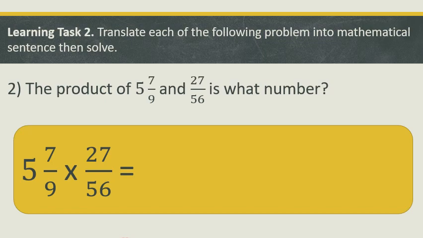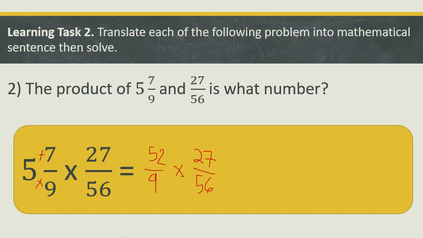So, gagawin natin siyang improper. So, multiply yung denominator at saka whole number, then add natin yung numerator. So, sulat mo natin yung denominator, which is 9. So, 9 times 5 is 45, plus 7 is 52. Times 27/56.